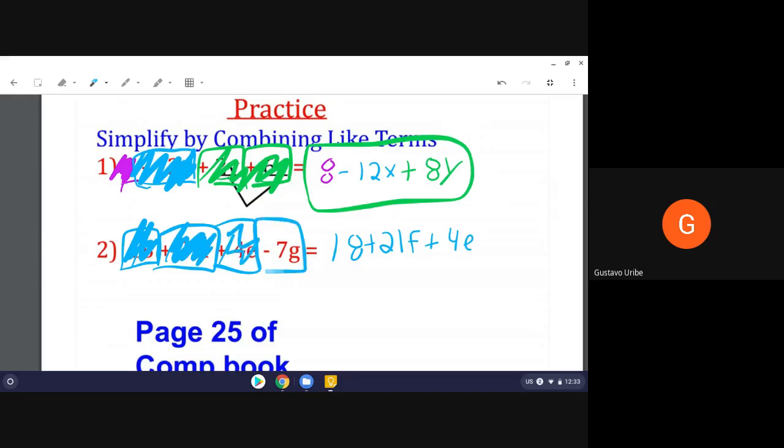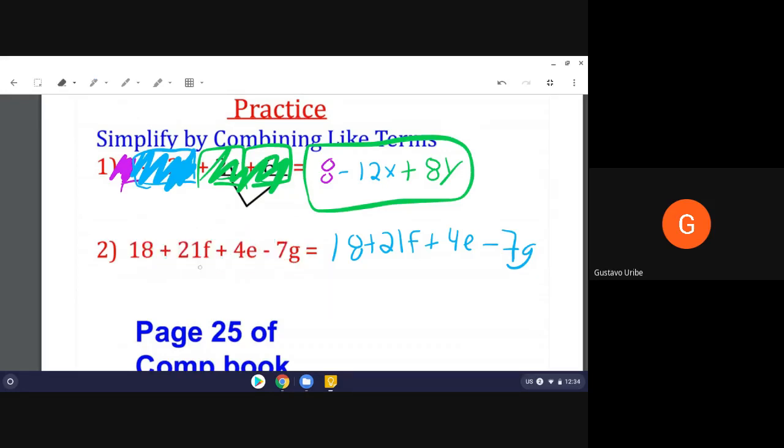And I can't forget that negative 3g. It's the last one, so it's just going to tag on. So in this expression, we had no like terms, right? This expression was already simplified. Look, I just copied down the exact same thing. We couldn't do anything to this. It was already in simplest form.